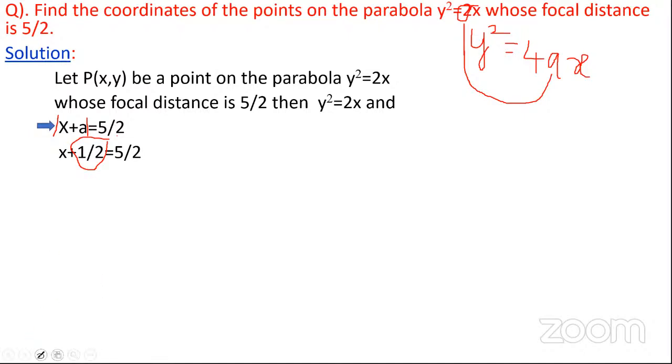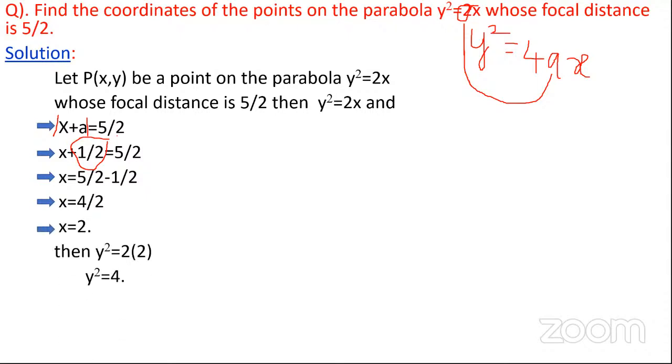So focal distance x plus 1 by 2 is equal to 5 by 2. It is given. Substituted a value, from which x is equal to 5 by 2 minus 1 by 2. So x is equal to 4 by 2, from which x is equal to 2. Substituting this x is equal to 2 in y square equal to 2x in order to obtain the y coordinate.